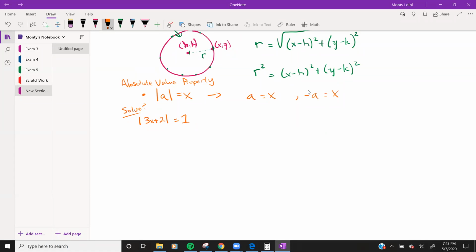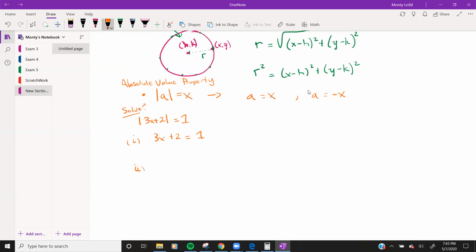Okay, so to evaluate this, it's saying that you're going to have two equations, right? The first one is going to be basically with a positive here, so 3x plus 2 is equal to 1.